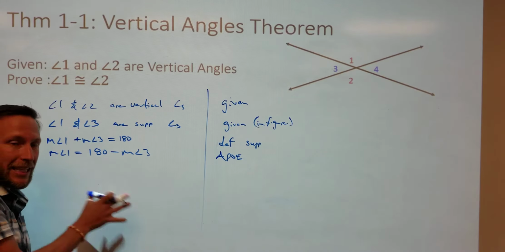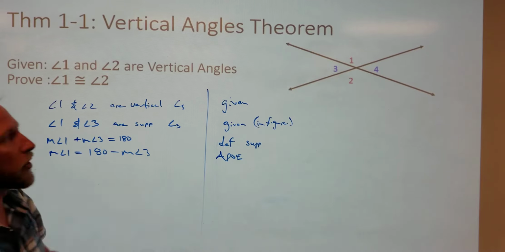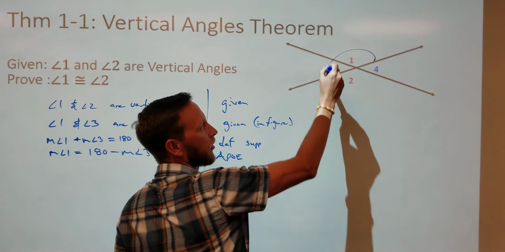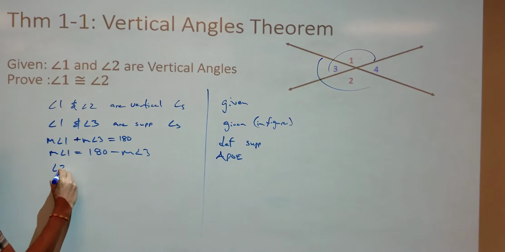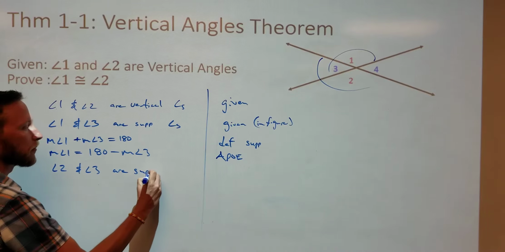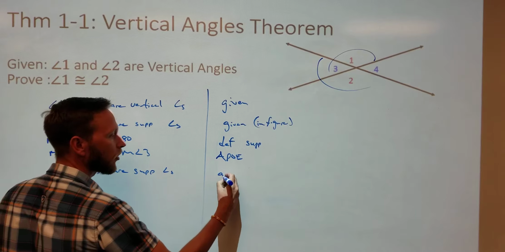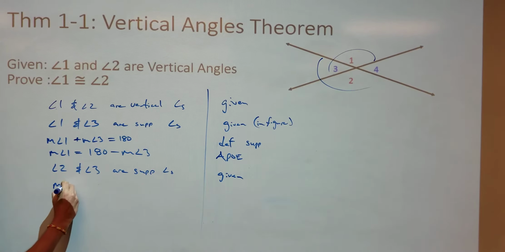Now, I wanted to get this far so that I can do the same thing with angles 2 and 3. If angles 1 and 3 are supplementary, well, guess what? So are angles 2 and 3. All right, so that's kind of a neat trick. Angle 2 and angle 3 are also supplementary. That's given. Again, it's given in the figure. I'm not going to state that it's in the figure, but we understand that.